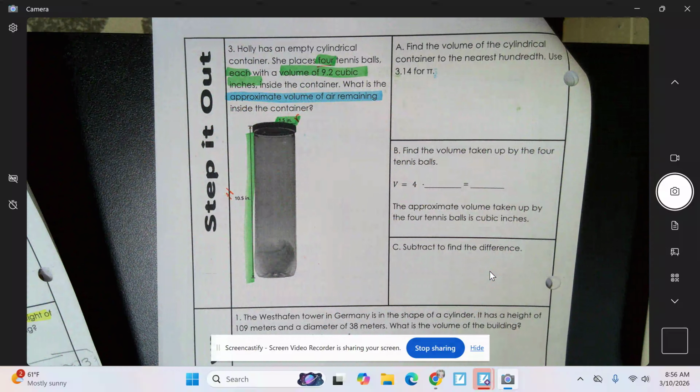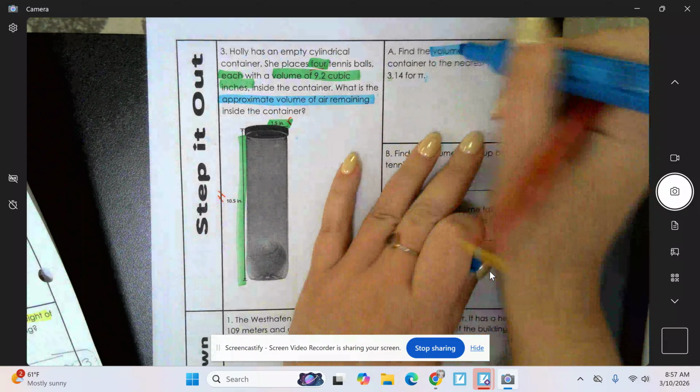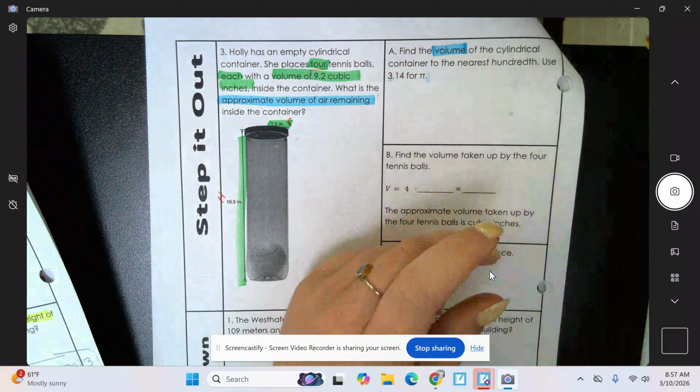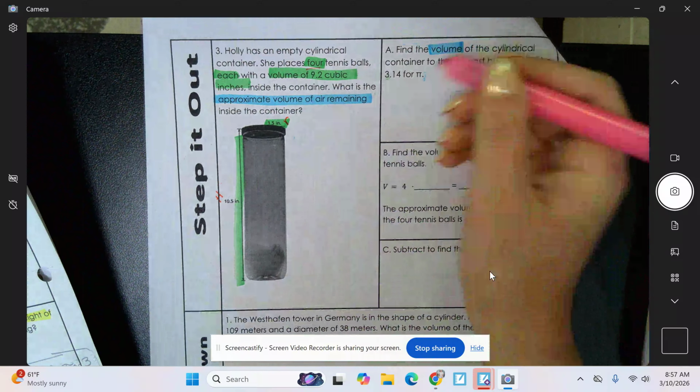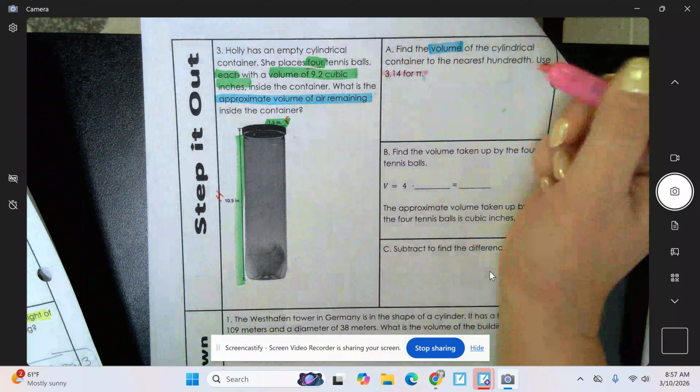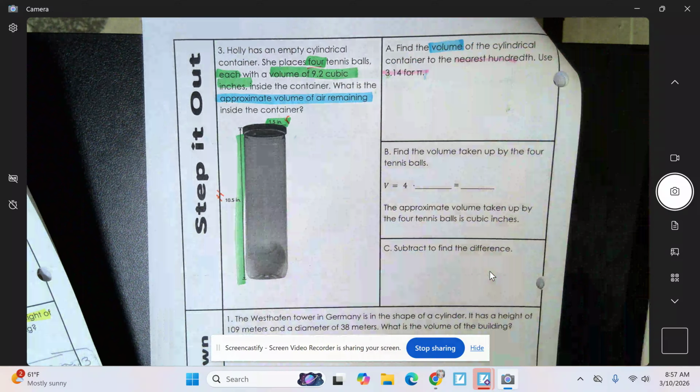So part A says, find the volume of the cylindrical container to the nearest hundredth. Use 3.14 for pi. So what are we finding here? Volume. Any special instructions? Use 3.14 for pi, and I heard round to the nearest hundredth.